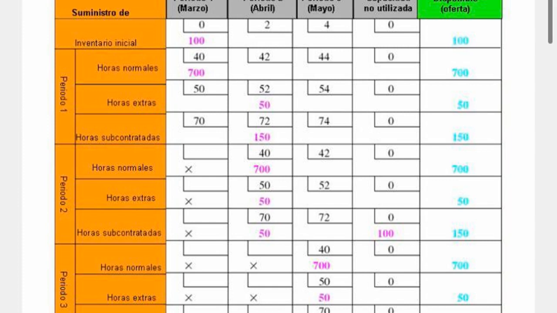At the end, the sum of all allocations in a row must be equal to the total capacity of the row, and the sum of all the allocations in a column must be equal to the demand for that period. The total cost of this solution is $105,900.